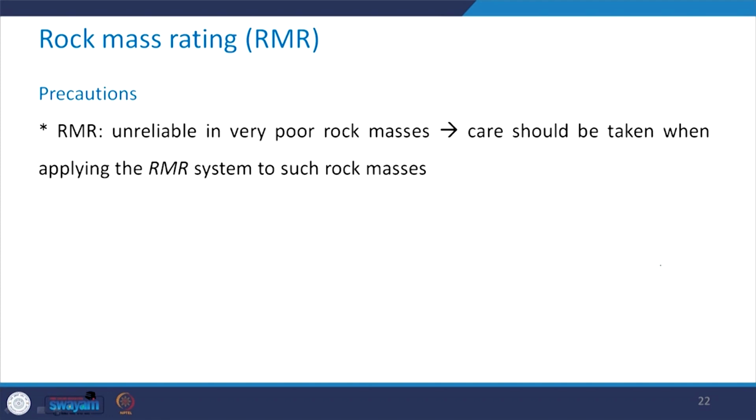We should use our engineering judgment when we apply this system to poor rock masses, because the conditions for which this system was developed were sedimentary rocks and shallow tunnels, and those rocks for which it was developed were not of very poor quality. So, we have to be careful when we use this RMR system for very poor rock masses.